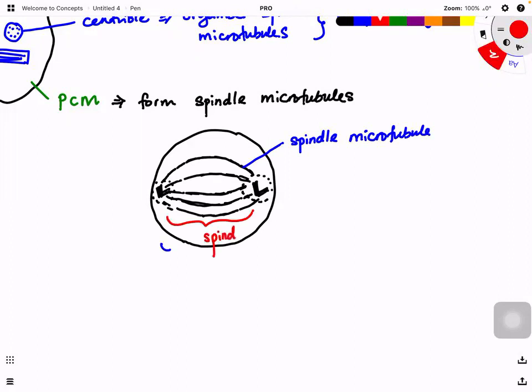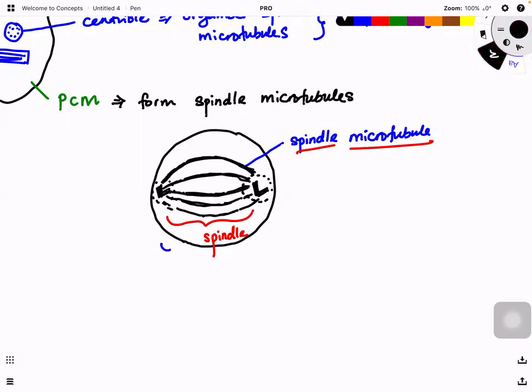So we arrange spindle microtubules to form the spindle. Spindle microtubule is the same as spindle fiber. Spindle fiber is what you use in your SPM, but in A level, we use the word spindle microtubule. So be careful, spindle microtubule refers to this microtubule.